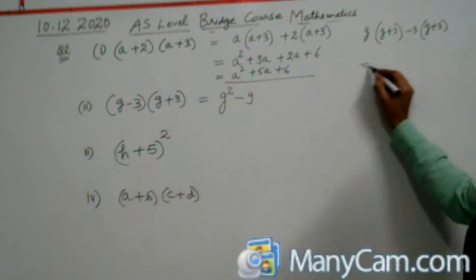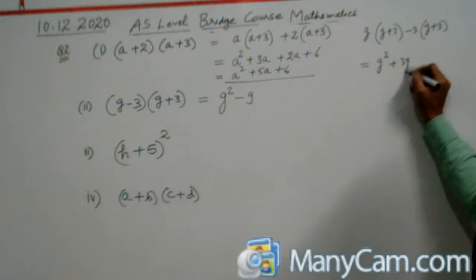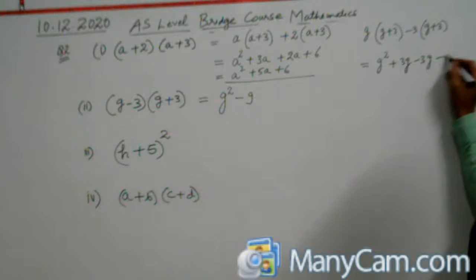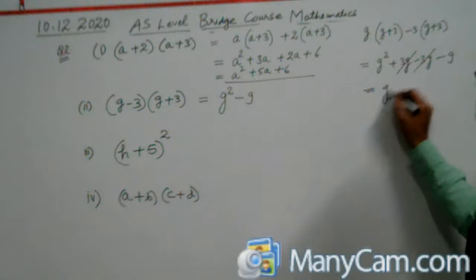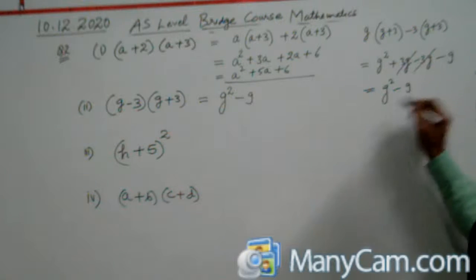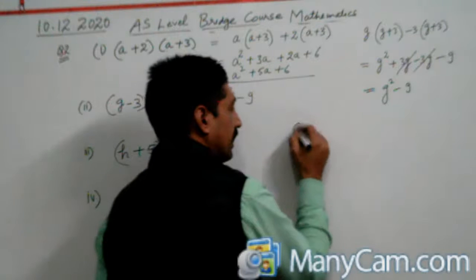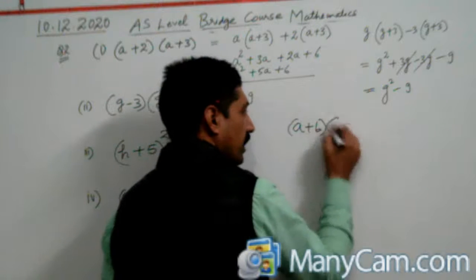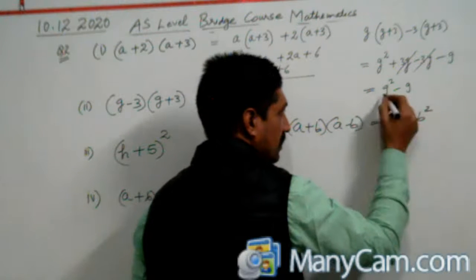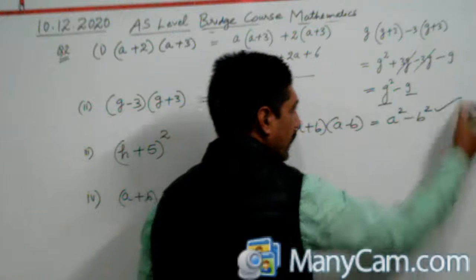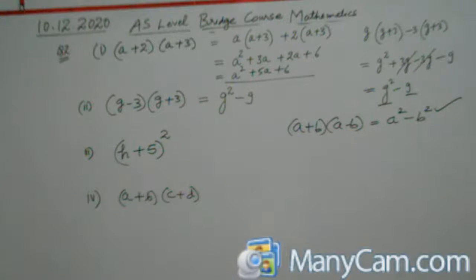When we open, g square plus 3g minus of 3g minus of 9. So here 3g get cancelled, we have g square minus 9, a square minus b square. This is the identity we have studied in lower classes, a plus b into a minus b is equal to a square minus b square. This is a square, this is b square, right?